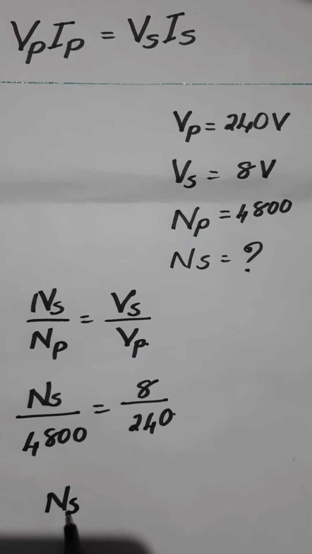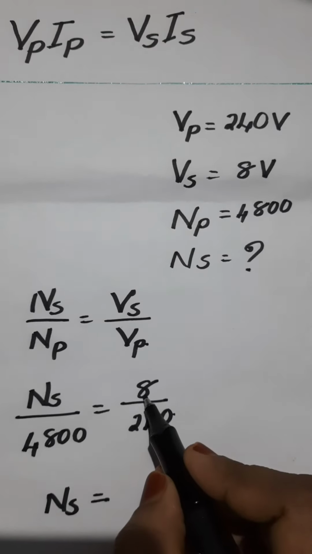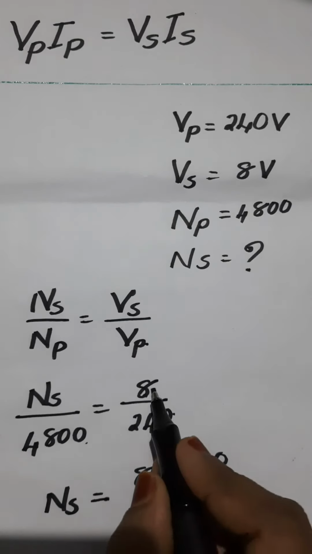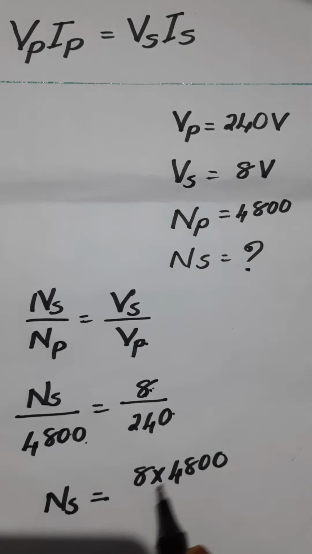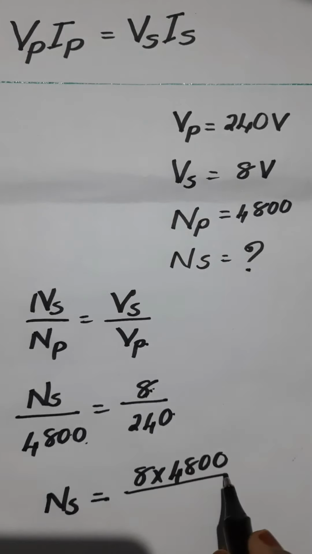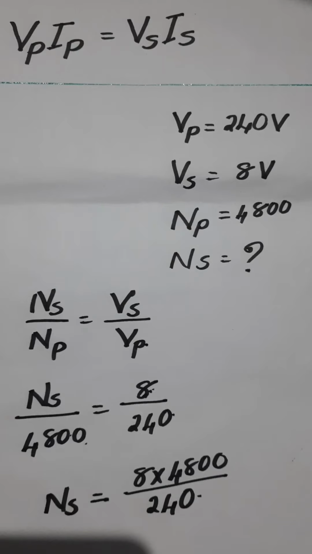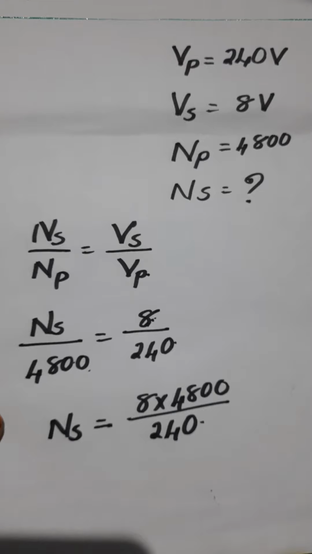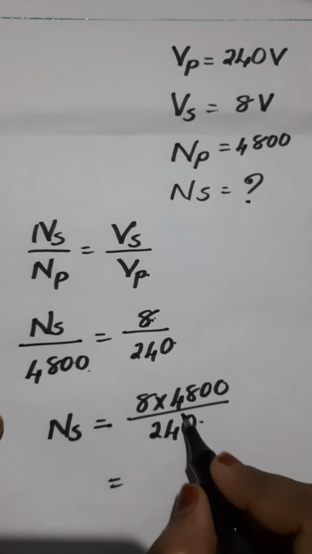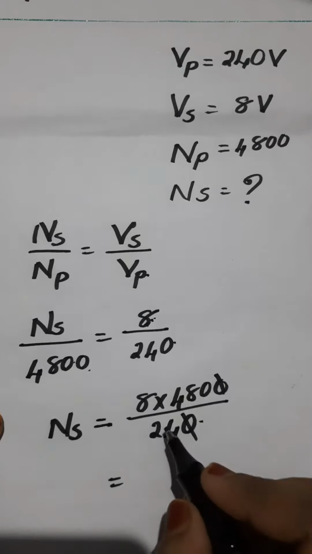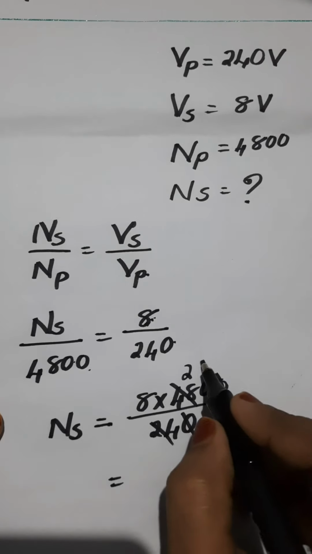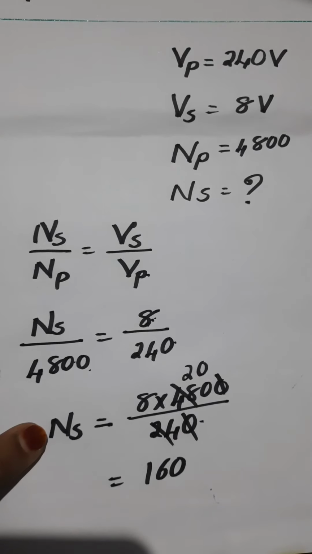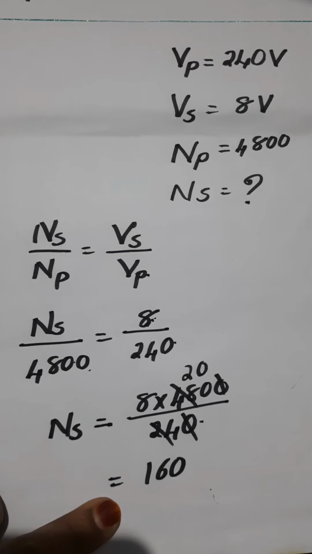Ns equals 8 into 4800 by 240, by cross multiplying. 0, 0 get cancelled. 24 into 2 times, therefore 20. Then we get 160. Ns equals 160.